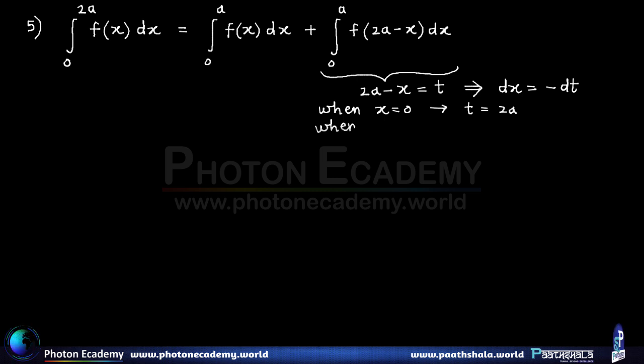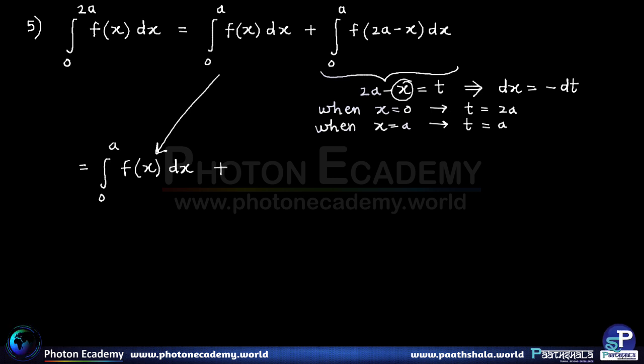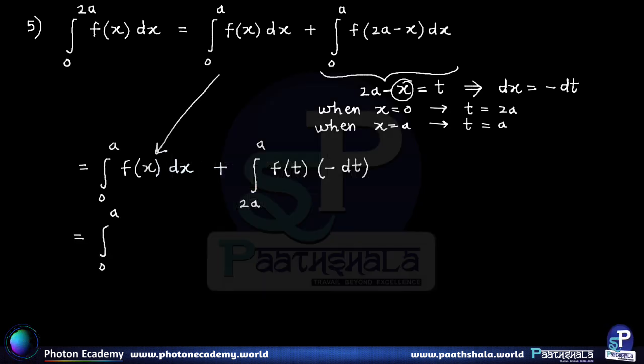And when x is a, we have t is equal to 2a minus a, that is nothing but a, right? So therefore let us write the first integral on the right hand side as it is, that is 0 to a f of x dx plus, now for the second integral the limits are from 2a to a f of t, and here we have minus dt.